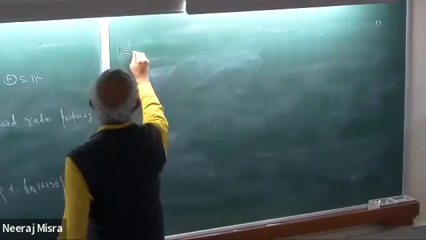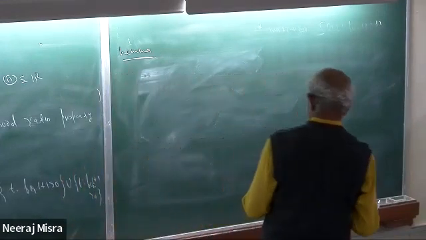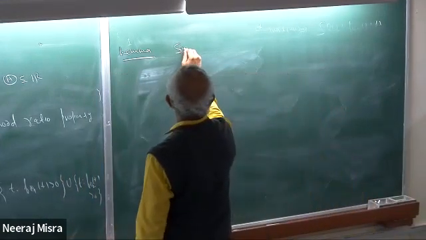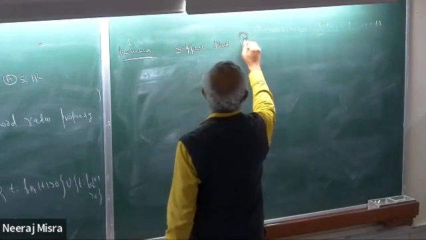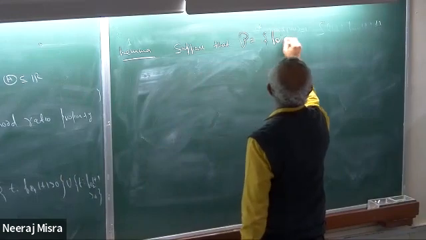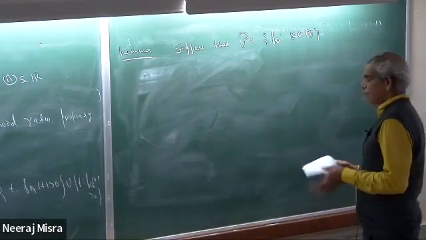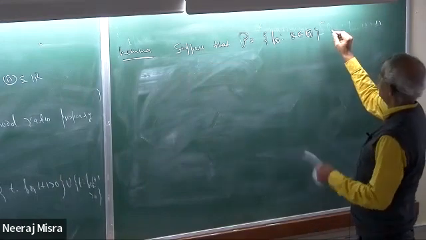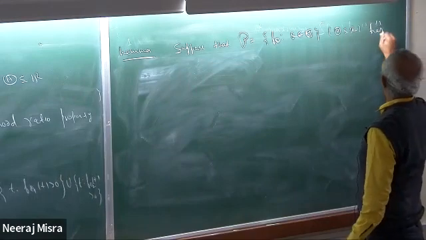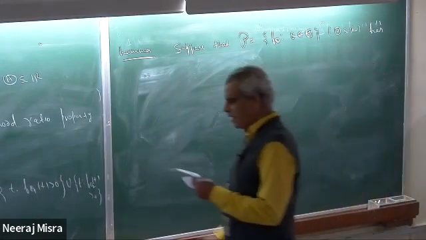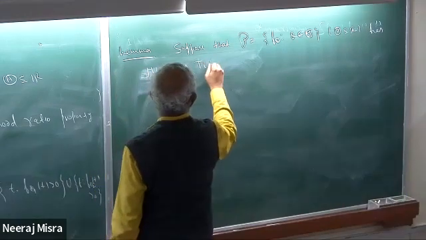Lemma. Suppose that my family P, which is f theta, theta belongs to capital Theta, where Theta is a subset of R, has MLR in T(x).